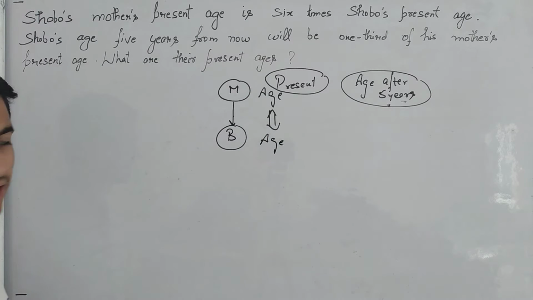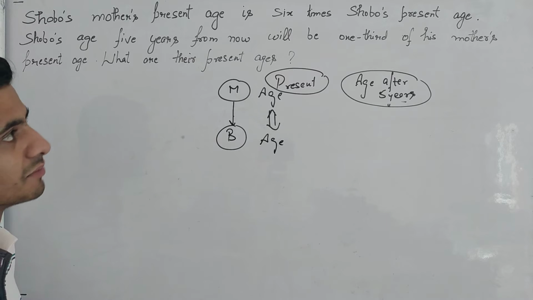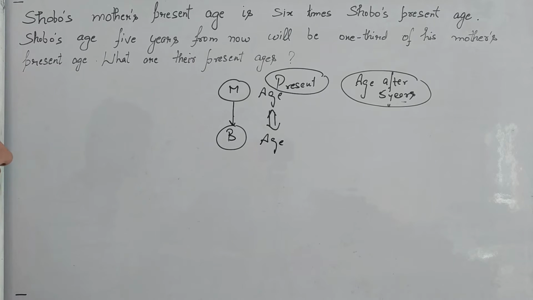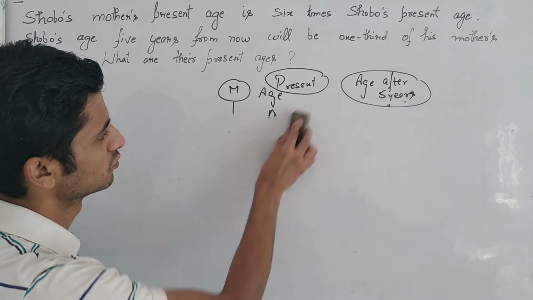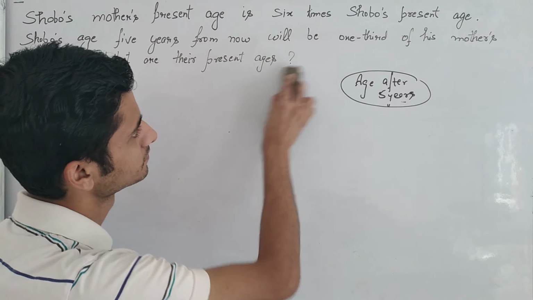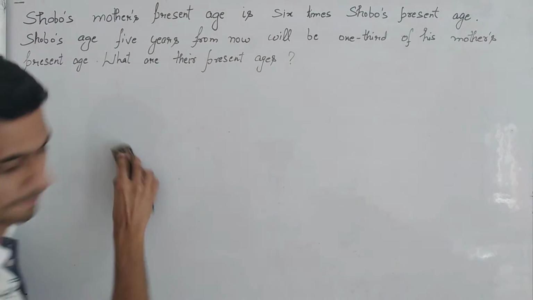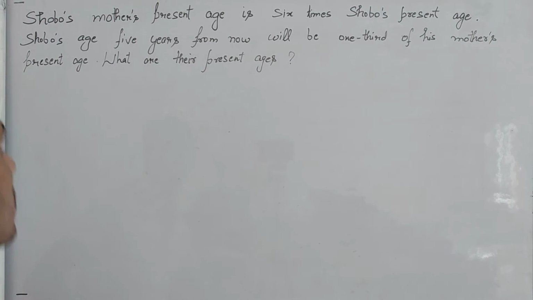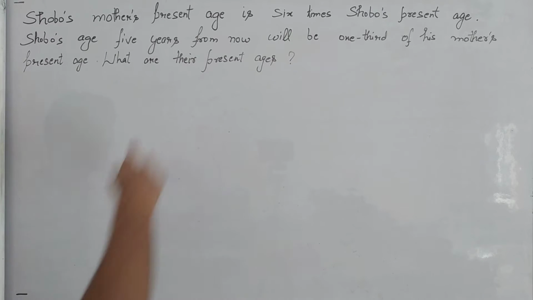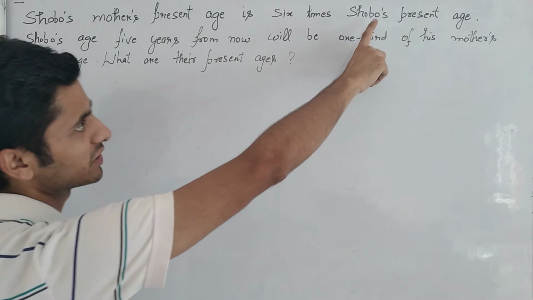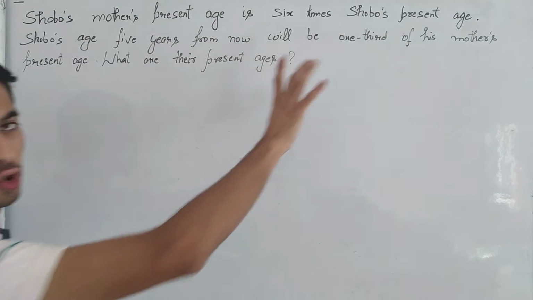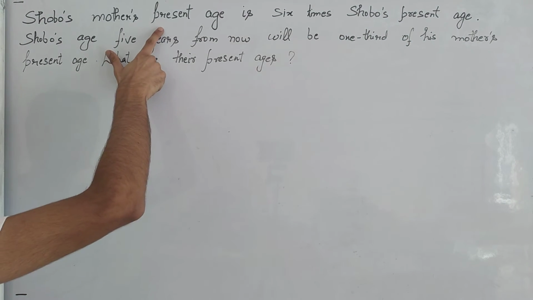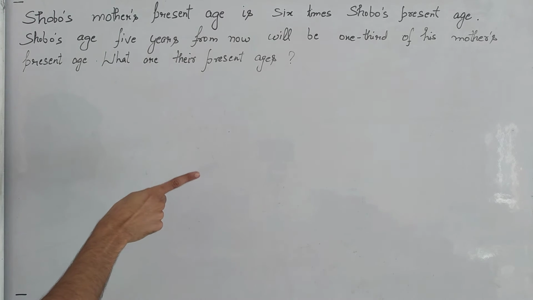As I told you earlier, first thing is that you should be clear with the statement, then only you can proceed. So we have seen what the statement is about. Now let us move forward. Shobo's mother's present age is 6 times Shobo's present age. So if you take Shobo's age to be some variable, her mother's age would be 6 times that variable.